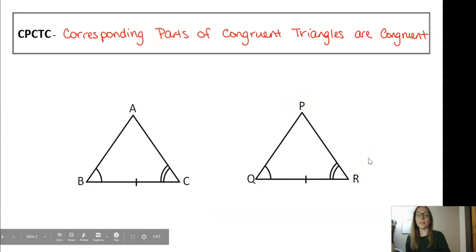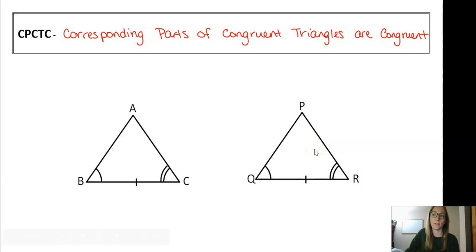And now that we know that this entire triangle is congruent to this entire triangle, then any of their parts will be congruent. So we can use CPCTC as a proof reason to then say something like angle A is congruent to angle P. And that's because if the whole triangle is congruent to the other whole triangle, then their angles that correspond to one another must be congruent.